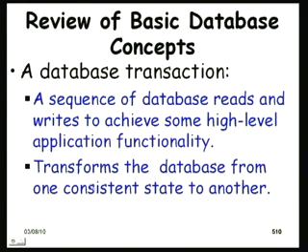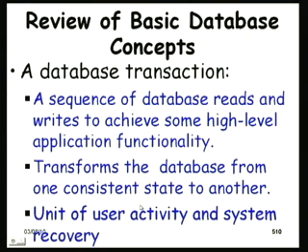So, in other words, a transaction transforms the database from one consistent state to another. Another way to look at a transaction is as a unit of user activity and system recovery. The user activity is in terms of transactions, and the system recovery also takes place in terms of transactions. So the system rolls back to the last completed transaction.